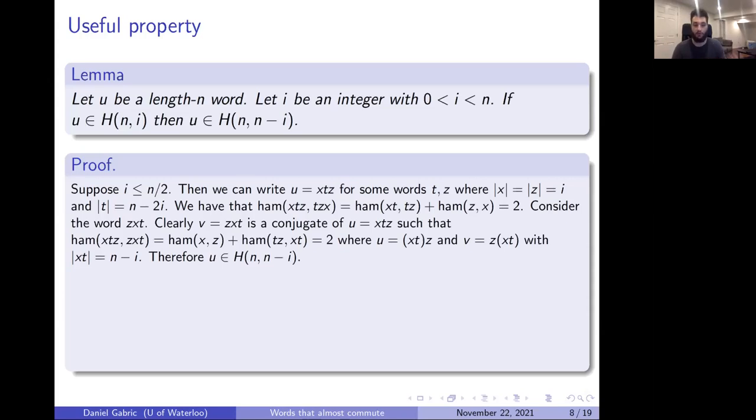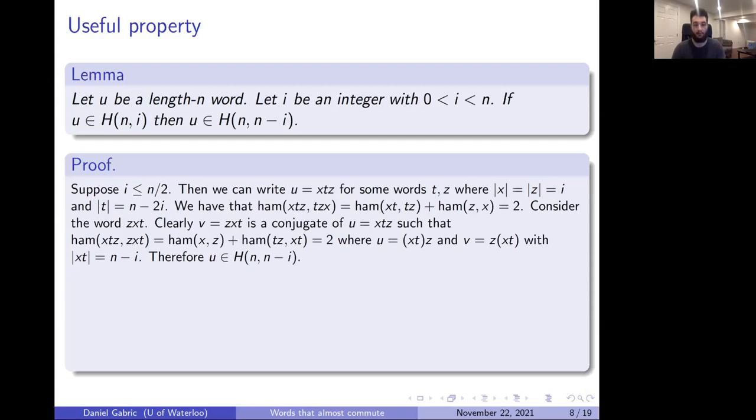Now we consider another word, zxt, which is clearly a conjugate of xtz. All we have to do is rotate the xt around. And now we have this Hamming distance between xtz and zxt.